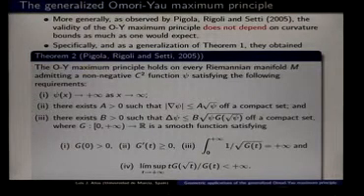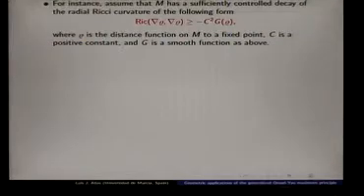And this generalized Omori-Yau maximum principle is useful because, for instance, if we assume that M has a sufficiently controlled decay of the radial Ricci curvature in this form, where rho is the distance on M to a fixed point, C is a positive constant, and G is a function as above, that is enough to have the Omori-Yau maximum principle, which is much weaker than asking the Ricci curvature to be bounded from below, of course.